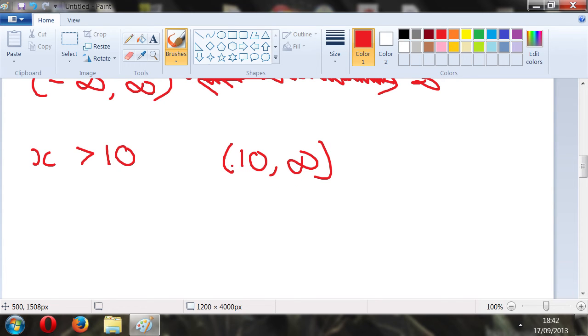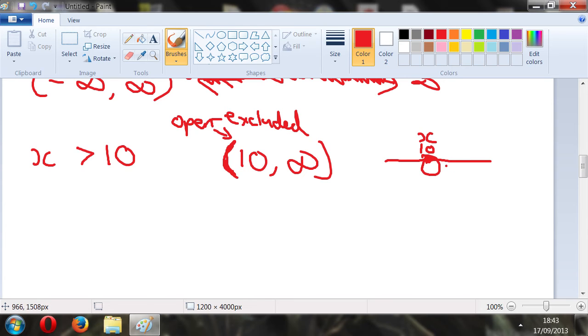The reason we're using this parenthesis here, as we'll recall, is that it's open, so it's excluded. So we'd have the number line, and I could just put 10 there. Basically 10 is not included because x is greater than 10.